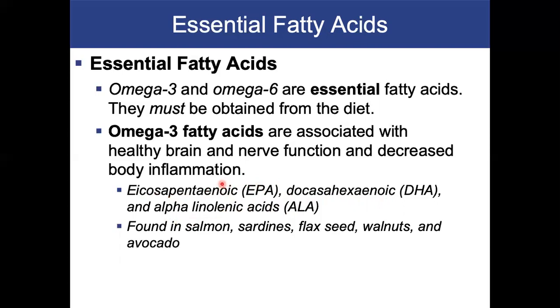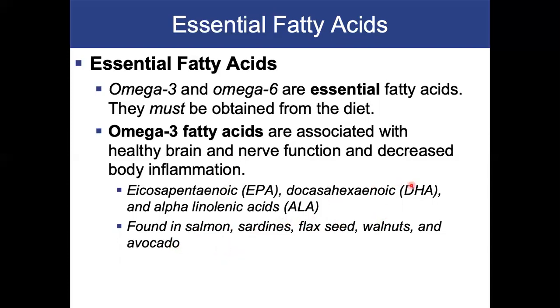And you want a high enough level of omega-3 fatty acids because it's going to decrease general body inflammation, right? Where do we find these guys? You can find them in cold water fish like salmon and sardines. A good place would be flax seeds, walnuts, and avocados, okay?